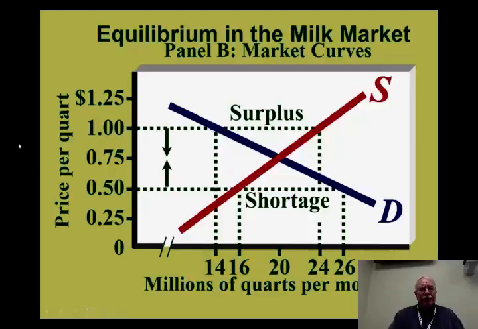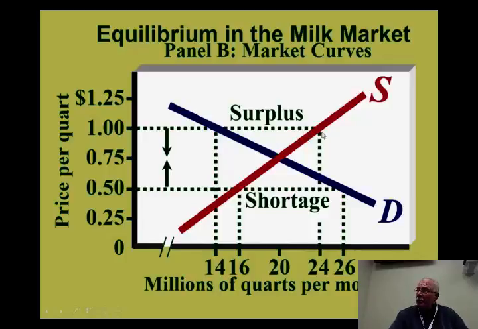How do we prove that 75 cents is an equilibrium? Well, if you go above 75 cents, now when price goes up, what do demanders say to themselves? We don't want as much. But what do suppliers say to themselves? We want to supply more. Well, with demanders wanting to buy less and suppliers wanting to supply more, eventually what happens?